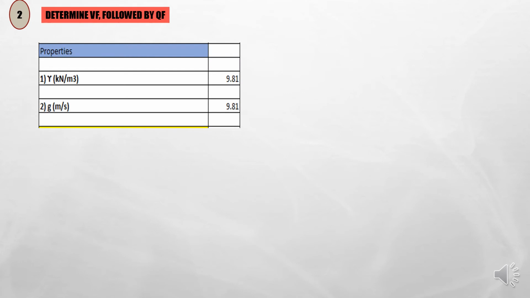So here I just show you how I can get the VF and QF, which I substitute into the equation. This is the info that I just got from the table, even though it's not given in the equation, so we just assume that this is the value you're going to use. We need to get the QF from this formula.